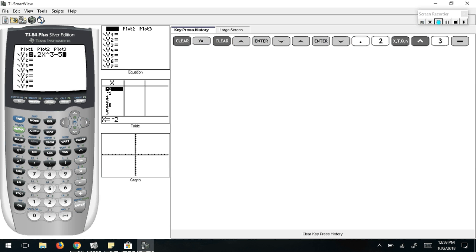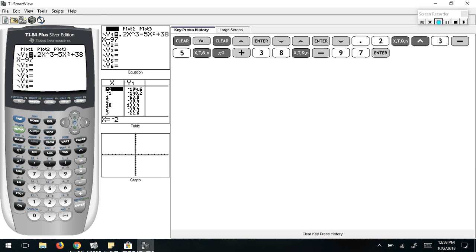Minus 5x squared. Hit the right arrow. Plus 38x minus 97. Enter. Dang it!